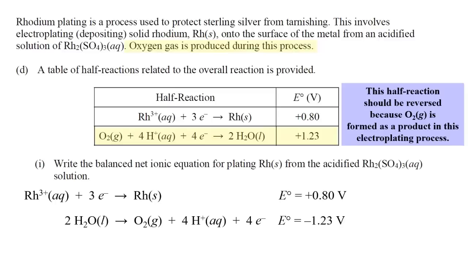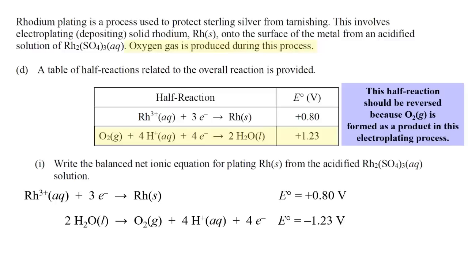You might say, how did I know whether to reverse a half reaction or leave it as is? Another way you could have done the analysis, if you didn't get the information about what's being formed as a product, is we need this particular reaction to have a negative cell potential. So why is it supposed to be negative? Electroplating requires an external power source. I'm actually kind of jumping ahead a little bit.